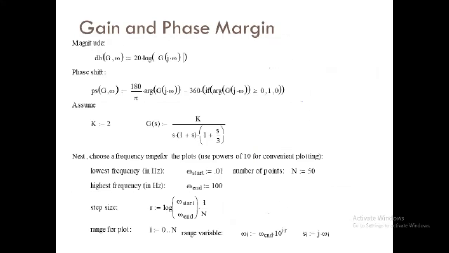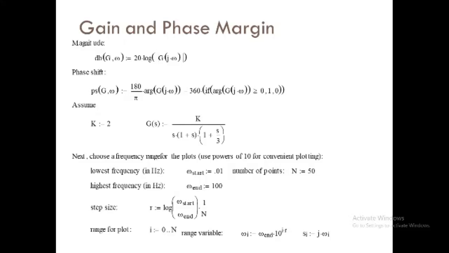See here, the magnitude in dB is equal to 20 log of |G(j omega)|, and that can be considered as a constant value. So what is the phase shift? The phase shift of G(j omega) can be considered as 180 upon pi times the argument of G(j omega), minus 360 if the argument of G(j omega) is greater than or equal to 0.